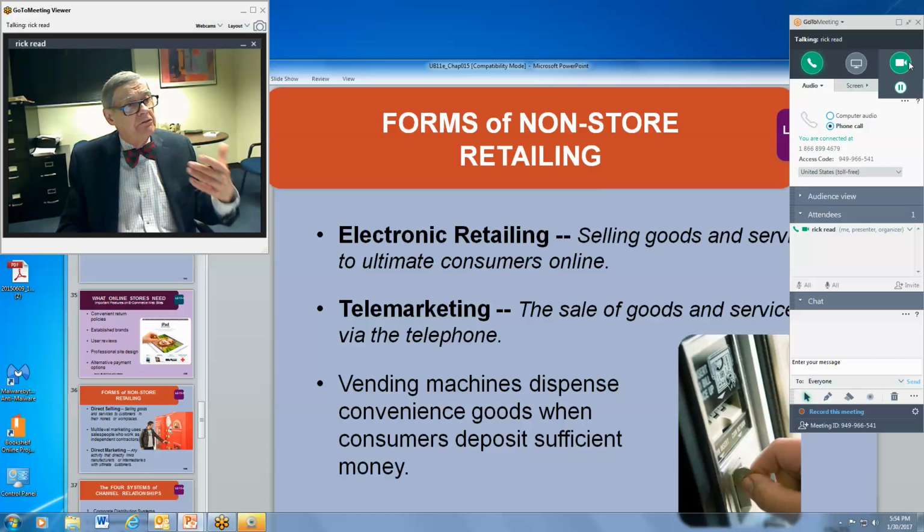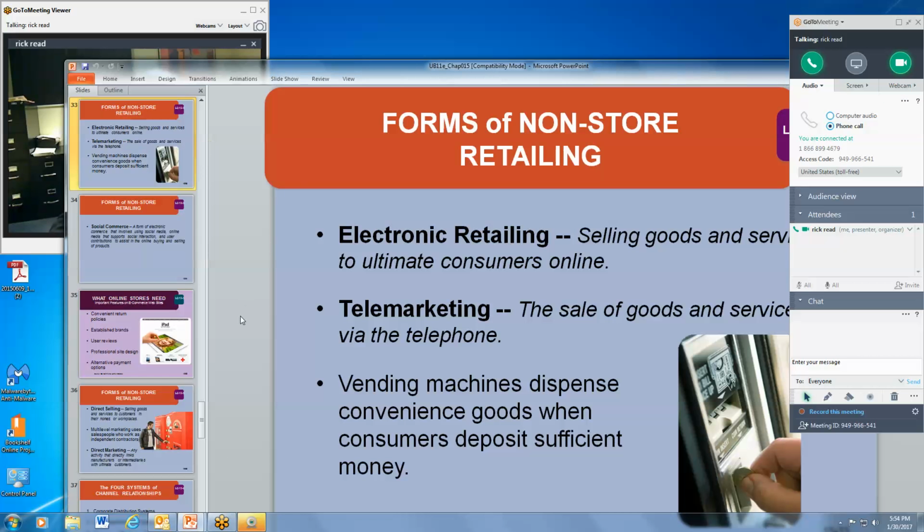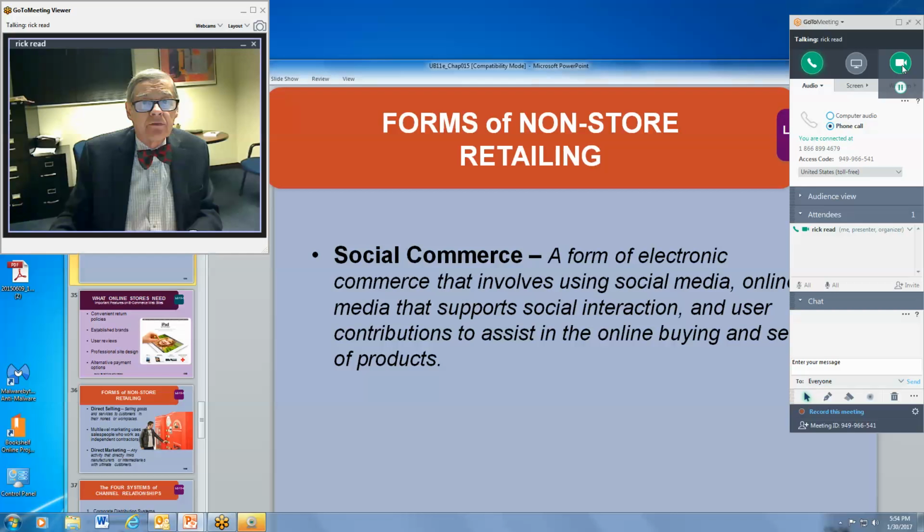And we have things like vending machines, where at the place where you work or on the corner, or even in supermarkets or in department stores. And then we have social commerce. Notice this promotes social interaction, assists in online buying, et cetera, et cetera.